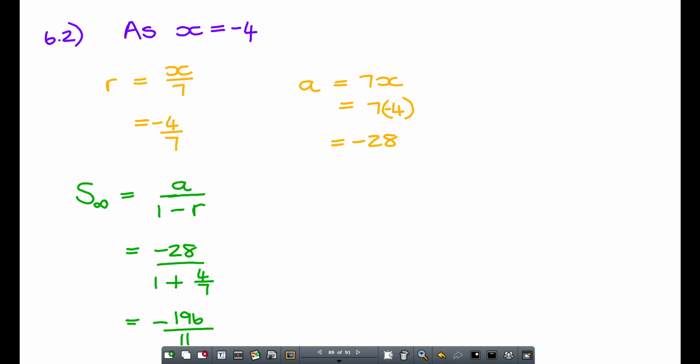Is julle reg daar? Okay. Kan ek maar skip of so nog van julle wat skryf?